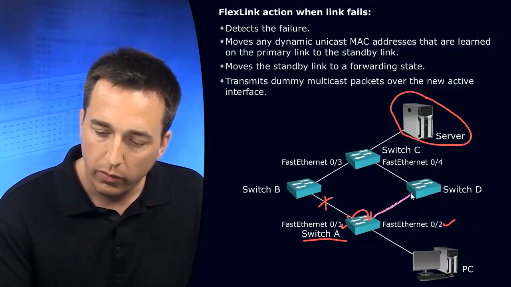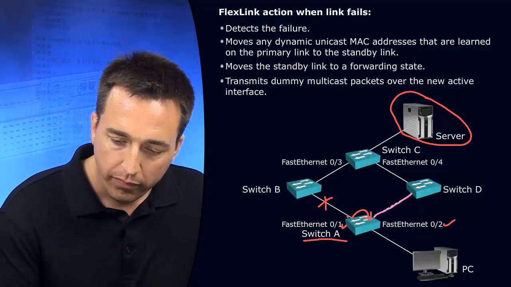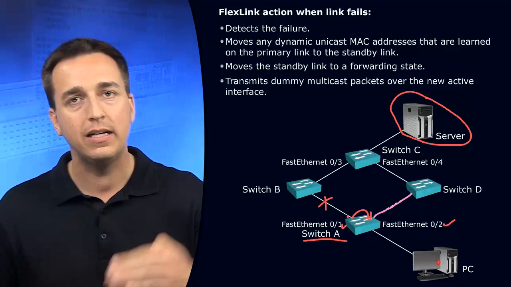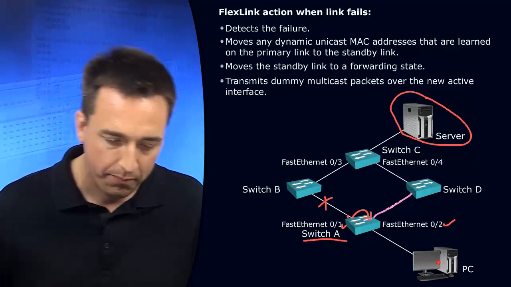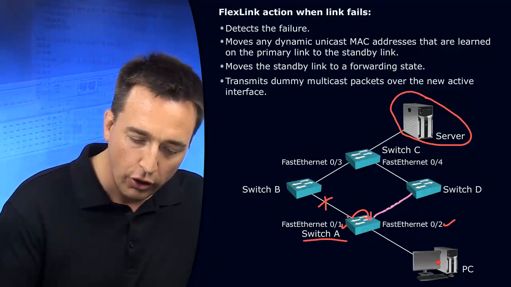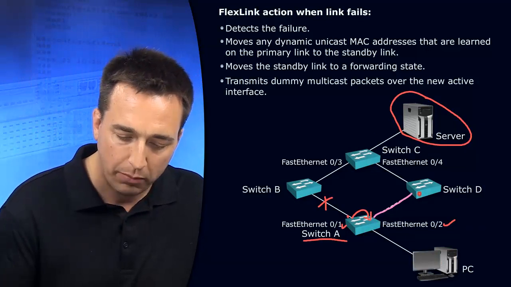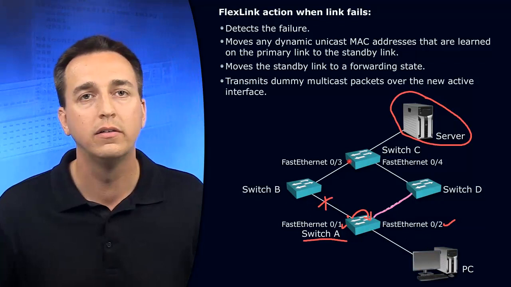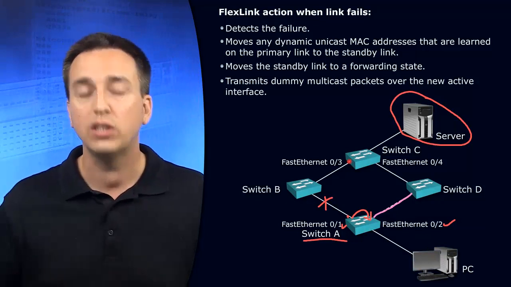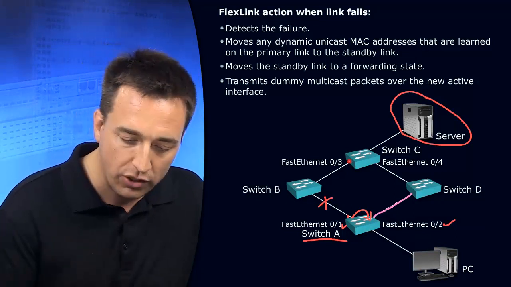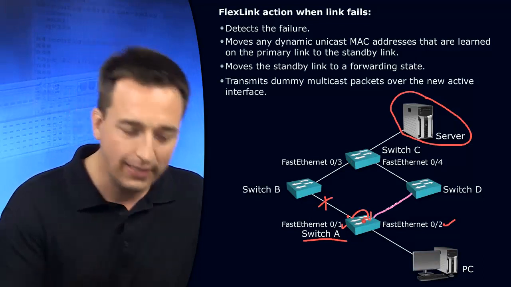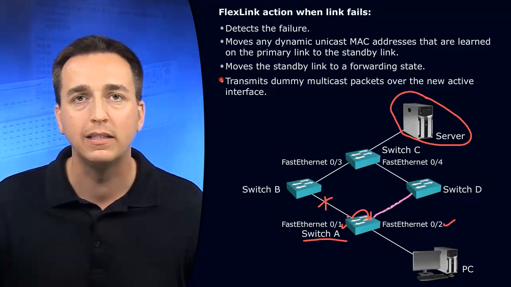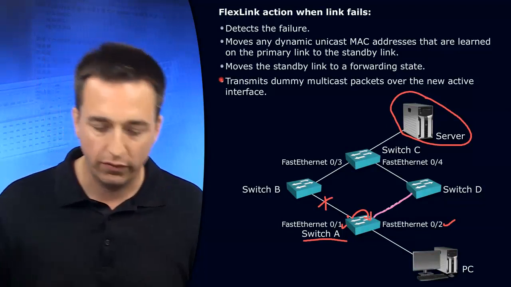However, right now, the MAC addresses of our PCs, as an example, that are connected downstream from switch A are not learned properly amongst the switches. For example, this PC's MAC address is associated with this interface right now from previous communications. So switch A transmits dummy multicast packets on this new active interface.